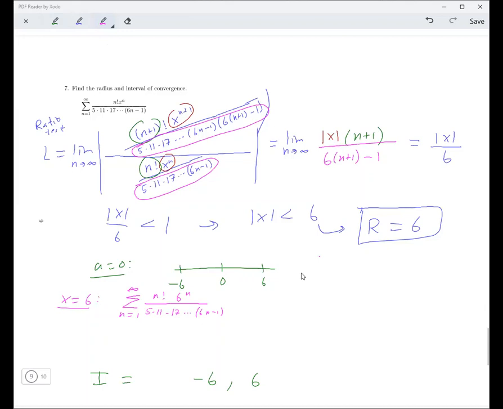Okay, so this is kind of tricky because we don't know how that's going to work. Well, let me tell you what you want to look for.